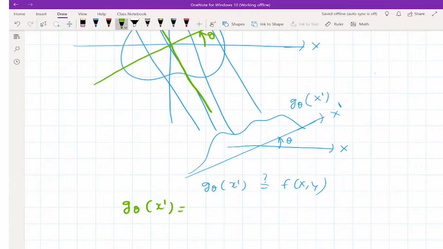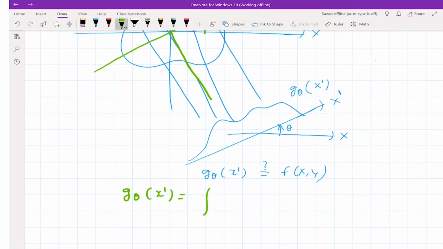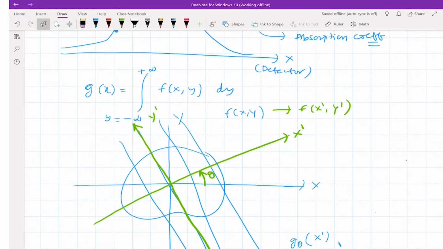Then I could write g theta of x prime as the integral, with y prime varying from minus infinity to plus infinity, of some function of x, y in terms of x prime and y prime. For the time being, let me call it some other function h of x prime comma y prime, into dy prime, the newly written function.